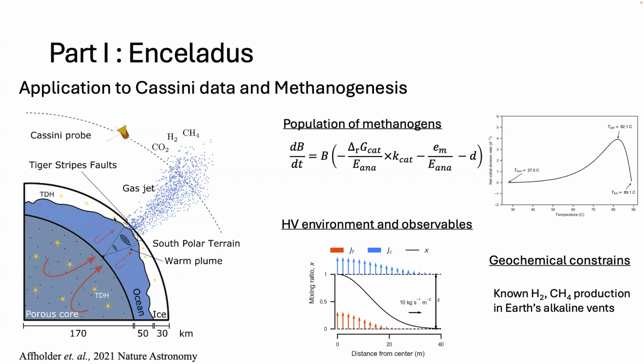We also wrote a very abstract, very simplified model for mixing of hydrothermal fluid around the vents that composes the local environment. So the composition of the local environment will be a function of the composition of the ocean on the one hand and the composition of the hydrothermal fluid on the other hand.